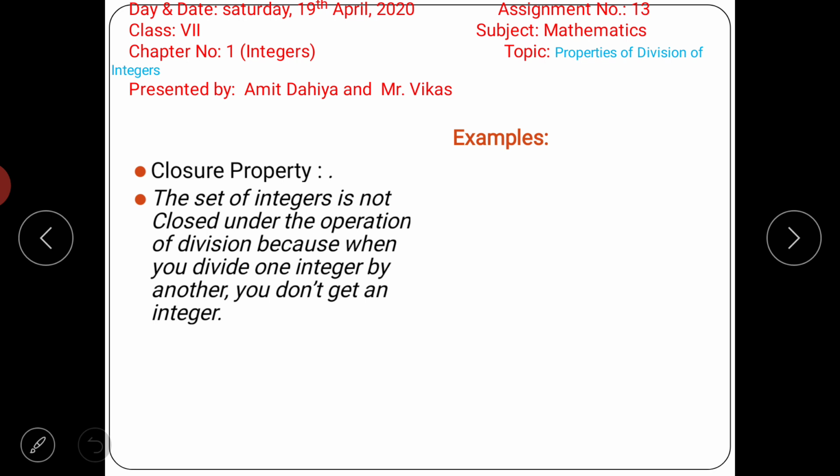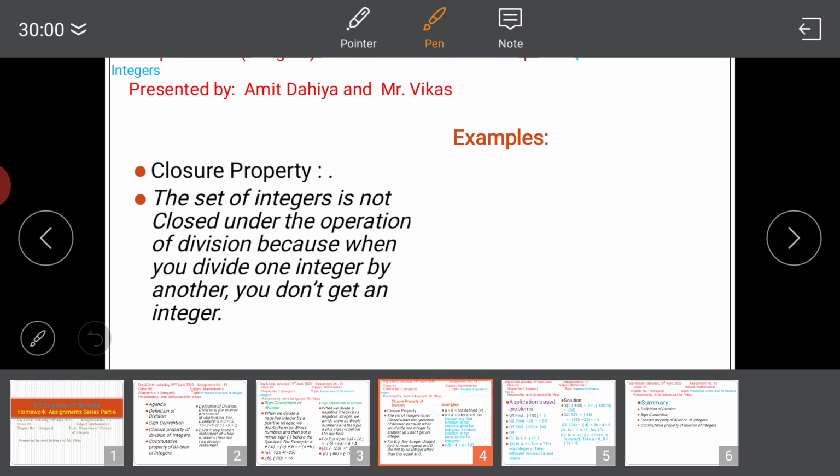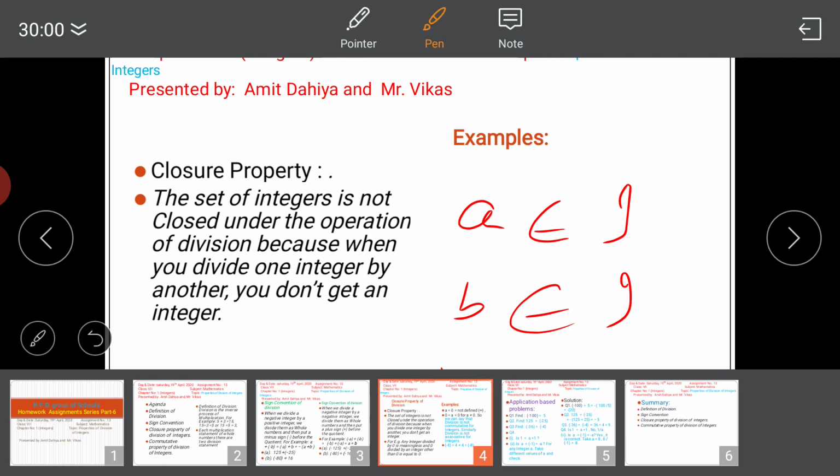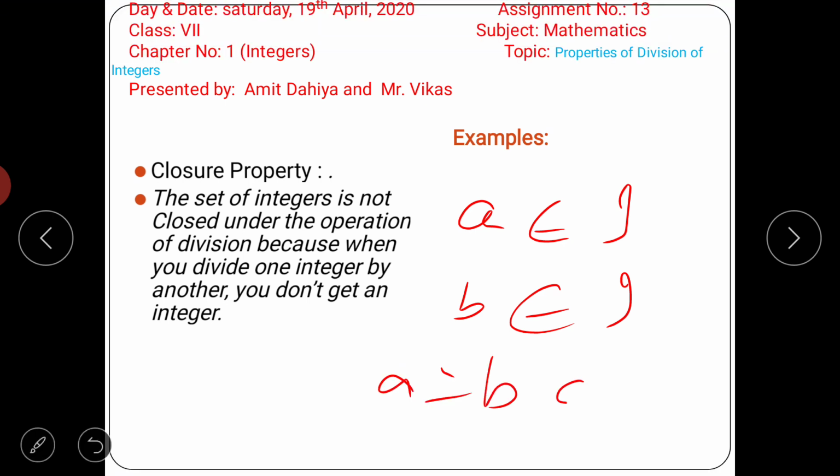Try to understand this. The set of what I am going to say: if a belongs to integer I and b belongs to integer I, and a divided by b or b divided by a belongs to integer I, then it holds the closure property.